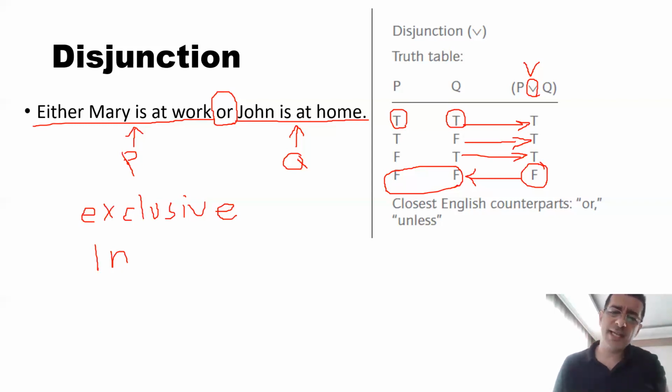When I say either Mary is at work or John is at home, if it is inclusive, it means that maybe Mary is at work, and that is true. Maybe John is at home, and that is true. And maybe both. Mary is at work, and John is at home. That is true, because they're not interdependent.